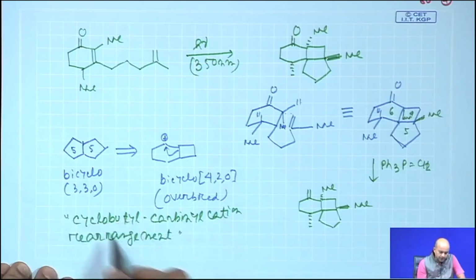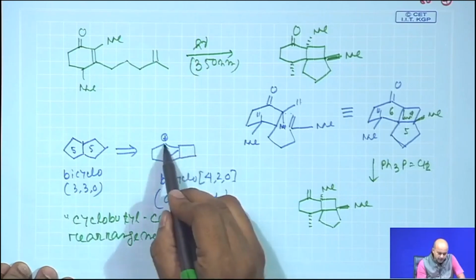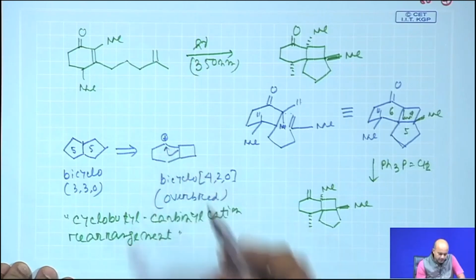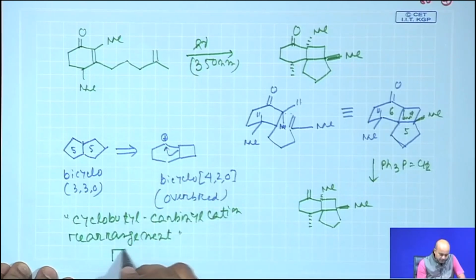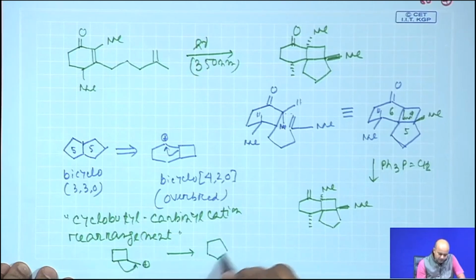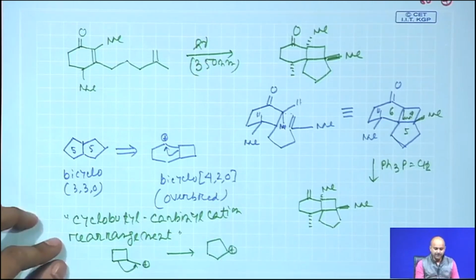So, this cyclobutylcarbinyl rearrangement basically says that if you have a system like this, it will tend to rearrange to give you a more stable cyclopentyl cation. So, okay, we are almost at the finishing stage of the synthesis.